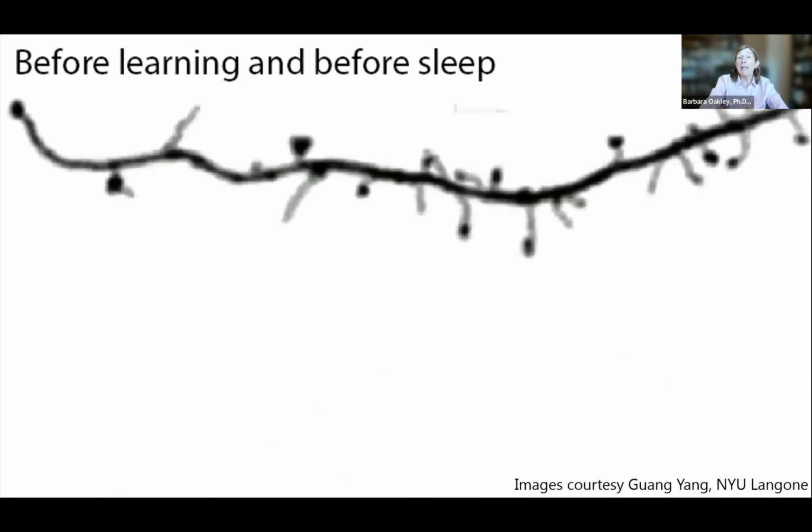We can see this even in light microscopy images of the brain. This is an image of a living dendrite, right after learning, but before sleep. And this is actually before learning and before sleep.